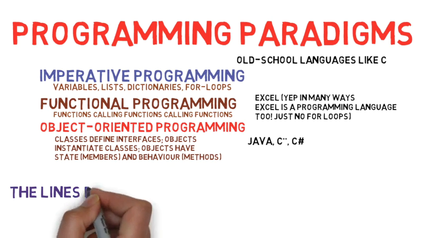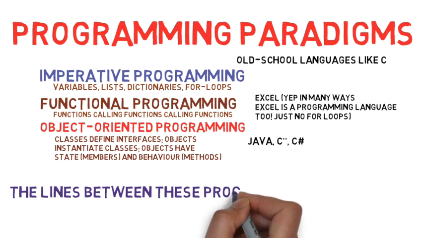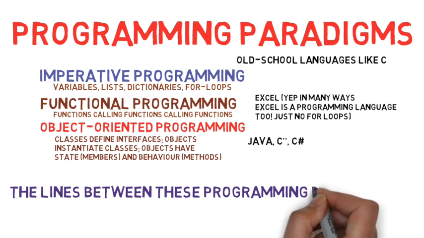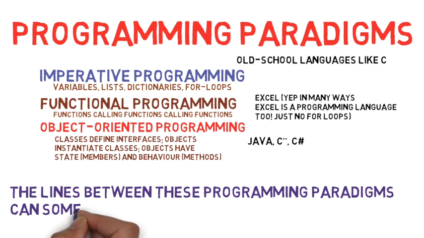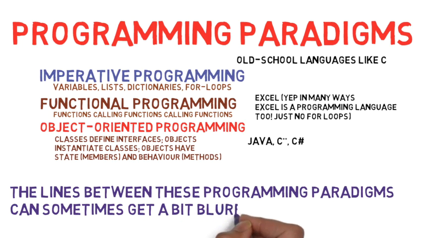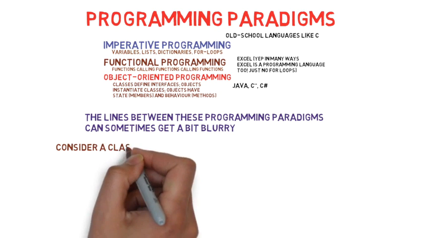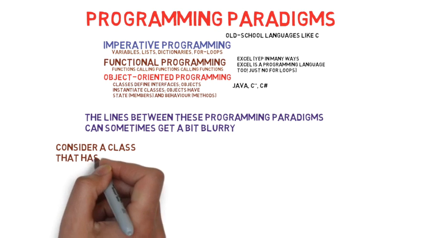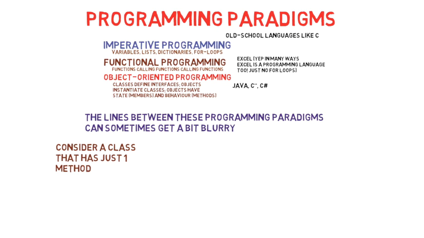Now, it seems very easy to talk about these programming paradigms in this well-defined manner. The actual fact is that the lines between these programming paradigms can sometimes get a bit blurry. They don't always live within their boundaries. Programs have no boundaries between the different types. So consider a class that has just one method, exactly one.